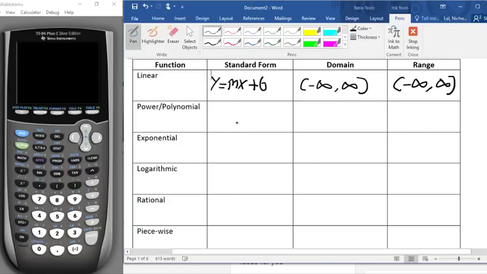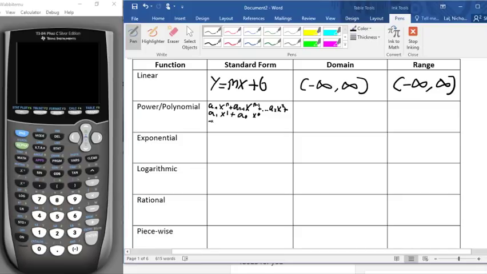For the power / polynomial function, this is going to be in the form a_n x to the n plus a_(n-1) x to the n minus 1, and then we'll continue to a2 x squared plus a1 x to the 1, then just plus a0 x to the 0, where a is going to be a constant and x is going to be x, and then you have a descending exponent.